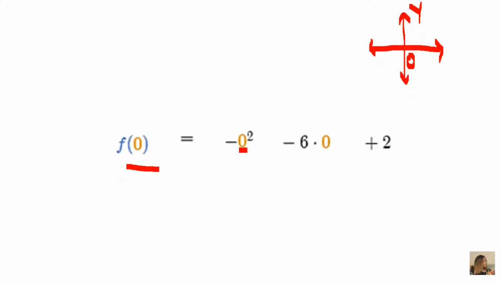Notice that we've plugged in 0 in the stead of x because in order for a function to intersect the y-axis, the x value has to be equivalent to 0, okay? So after we plug in 0 for our x values and simplify the equation, we find out that everything is equivalent to 2. So the y-intercept for f of x is equivalent to 2.